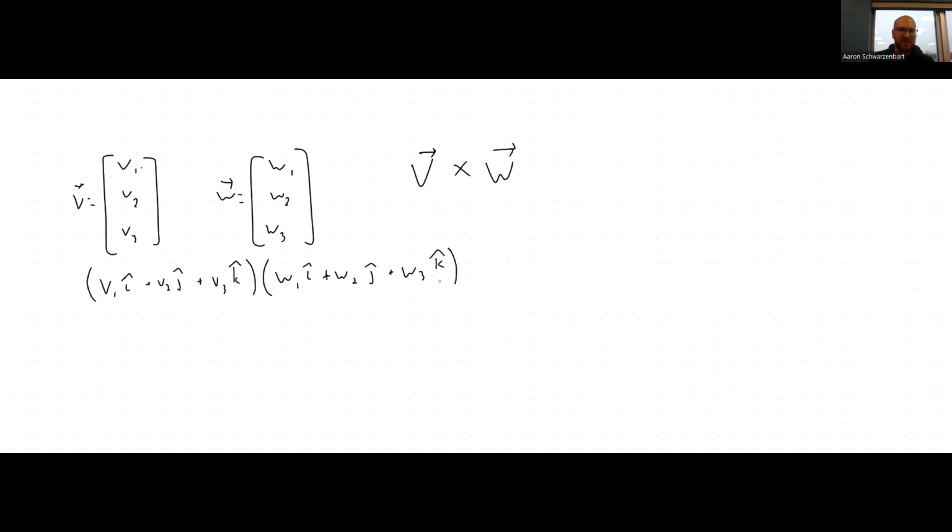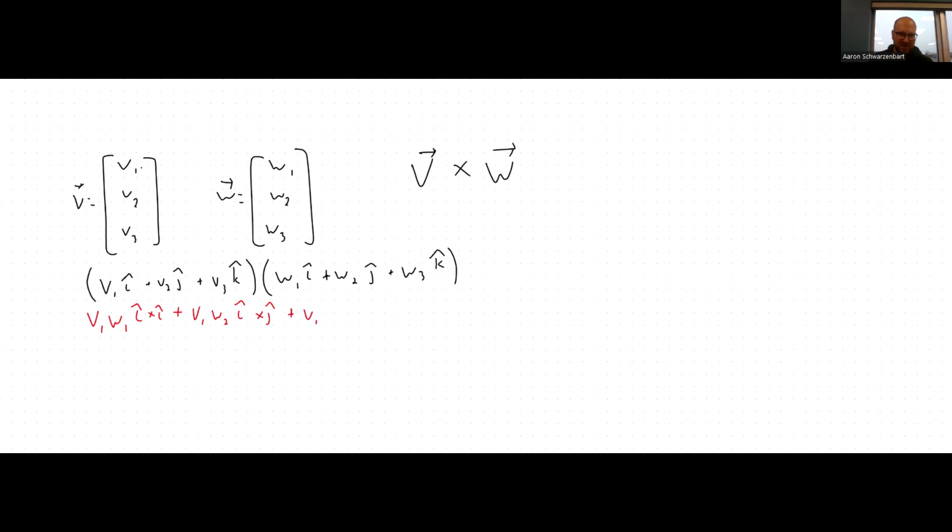And so this involves some foiling. So what you do is you do V1 times W1 i hat cross i hat. And I'll show you what this cross means.